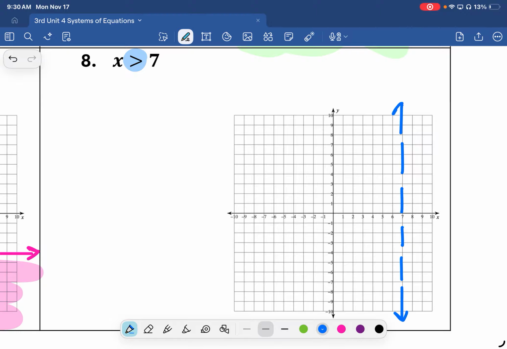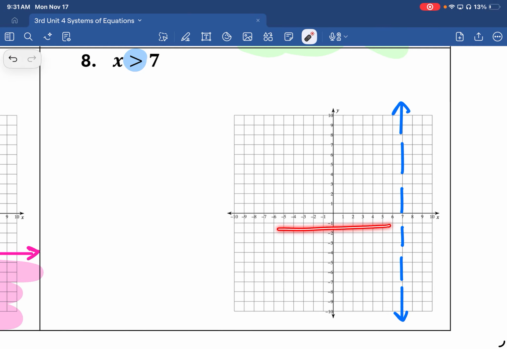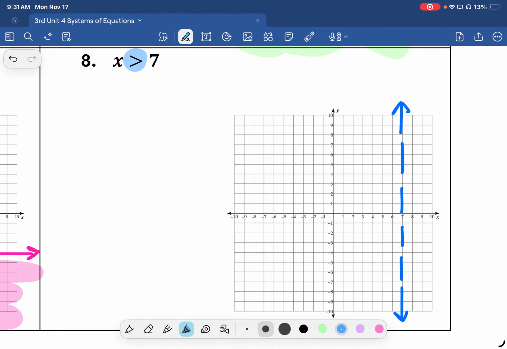Now, a vertical line doesn't really let us go above it or below it. But we can look at where x is bigger and smaller, right? To the left of that line, is x bigger or smaller than 7? Smaller. To the right of that line, is it bigger or smaller? Bigger. So when x is greater than 7, should I shade to the right or to the left? To the right.